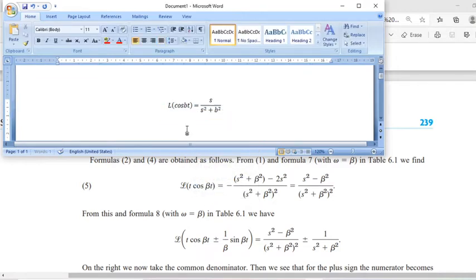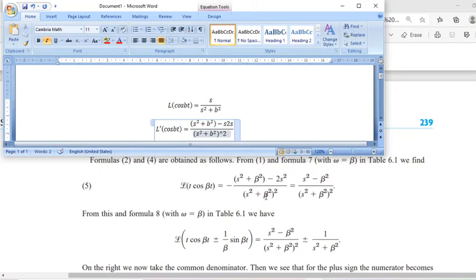It is (s square plus beta square) into the derivative of s, minus s into the derivative of s square plus beta square, that is 2s, divided by (s square plus beta square) whole square.